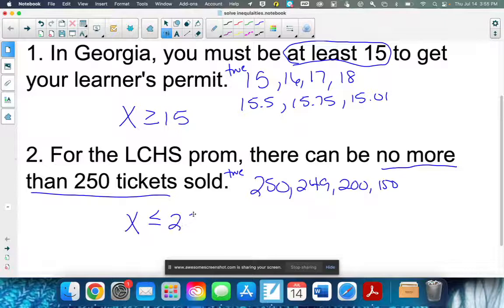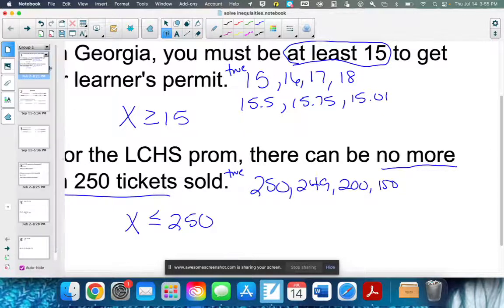Again, because I don't want to sit here and list everything from 0 to 250. So that's why inequalities are important, because sometimes you have situations where you have more than one right answer, but you don't want to sit here and list all of them out. We're going to practice writing some, we're going to practice graphing, and then we are going to practice solving.